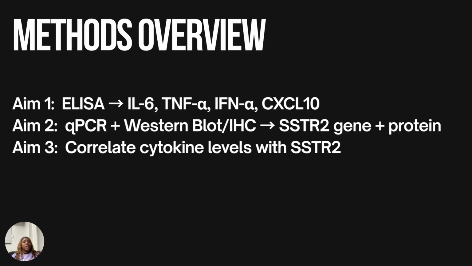And aim three is a combination of the first two aims, where we look at whether the cytokines and SSTR2 increase together, and if inflammation rises at the same time as SSTR2 increases. So basically it's going to suggest that SSTR2 is part of the pathway connecting inflammation to chronic pain.